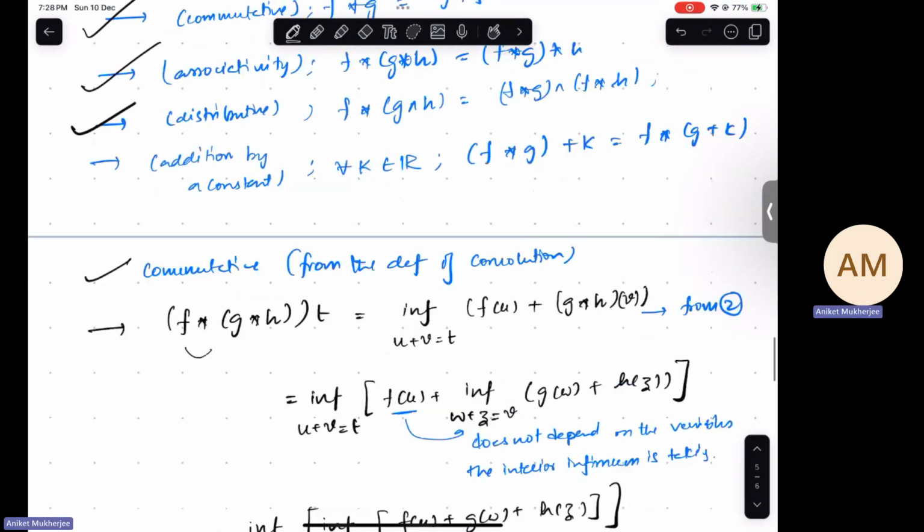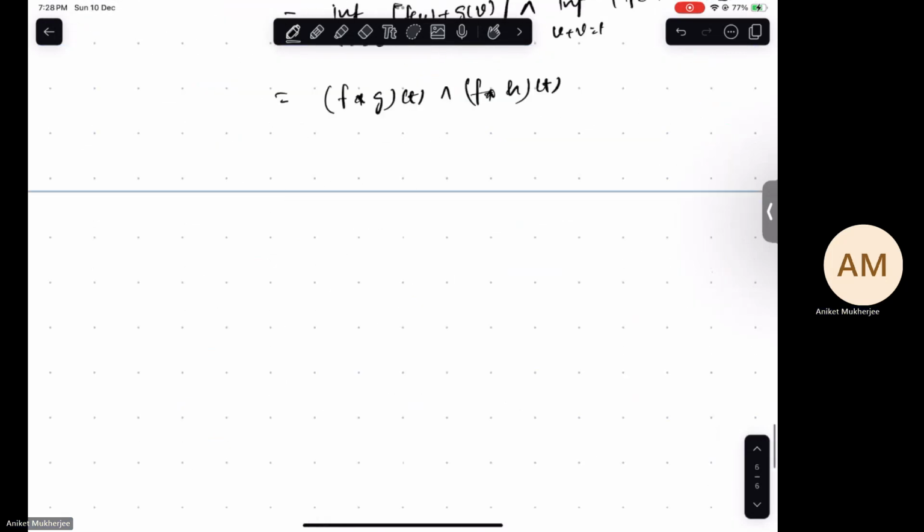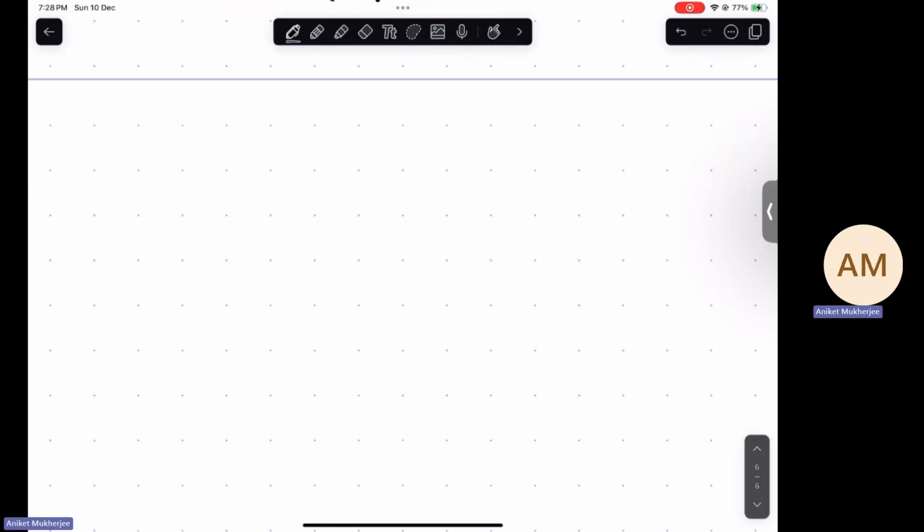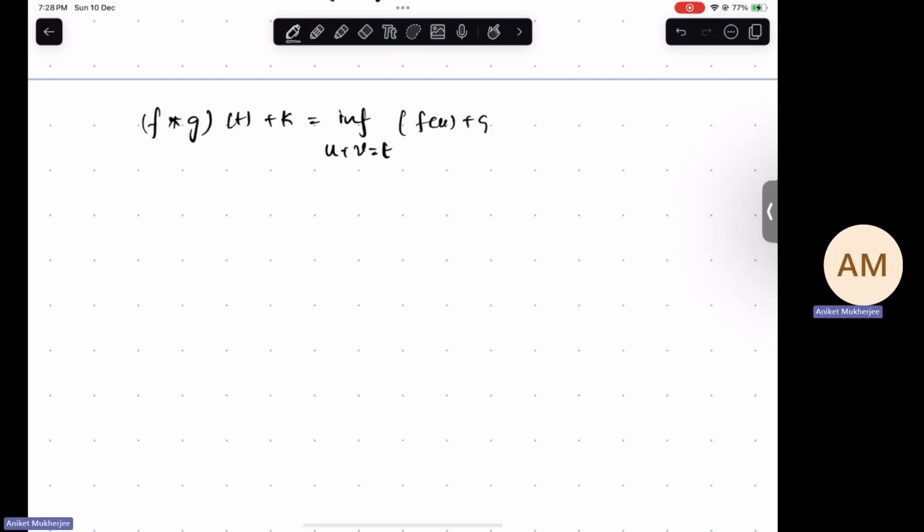Now the last one is addition by a constant. So addition by constant, what we want to prove? f convolution g at t plus k equals the infimum over u plus v equal to t of f of u plus g of v, plus k. Since k doesn't depend on the variables of the infimum, and k is a constant, you can bring this in.